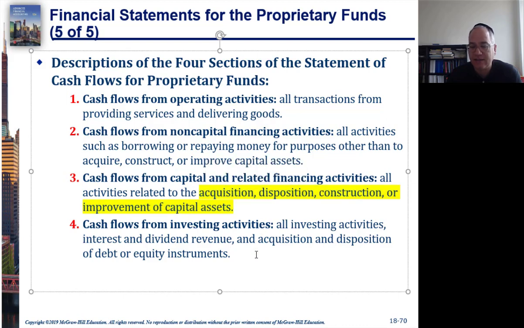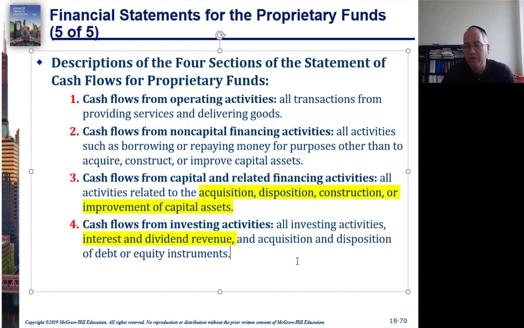And then investing activities would be all investing activities, and this is new, interest and dividend revenue. So unlike companies, interest and dividend revenue are investing activities. They're not operating activities. In a regular company, interest and dividend revenue are operating activities.